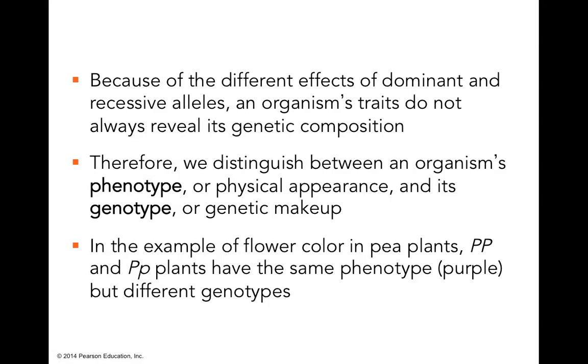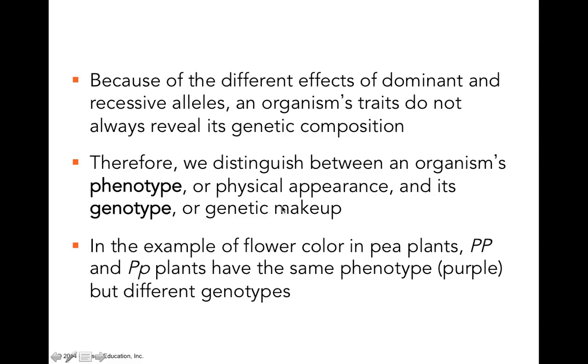Sometimes we want to try and figure out what the genotype of an organism is, but we can't necessarily tell because the dominant phenotype might be masking the presence of a recessive allele.